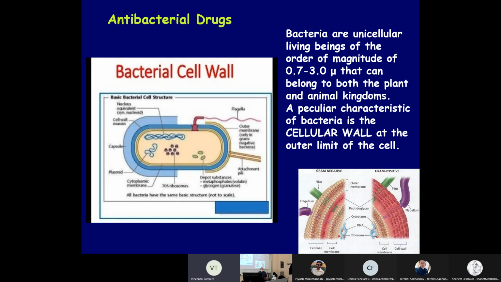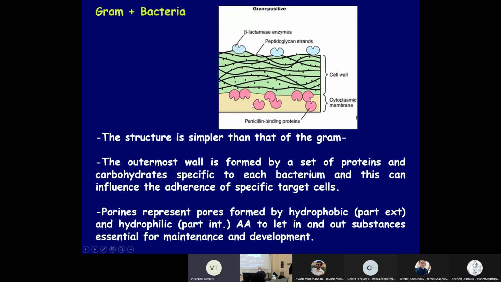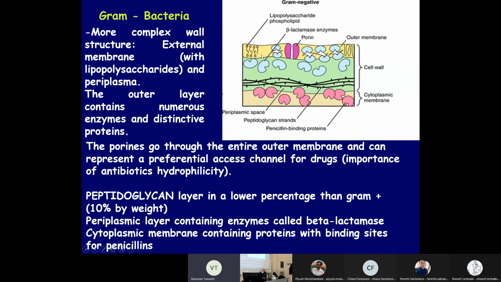The problem normally is related to gram-negative, because if you remember, in gram-positive you see the structure: peptidoglycan outside, and then the cell membrane. In gram-negative, there is an external membrane, and then a peptidoglycan cell wall, and then another cytoplasmic membrane.